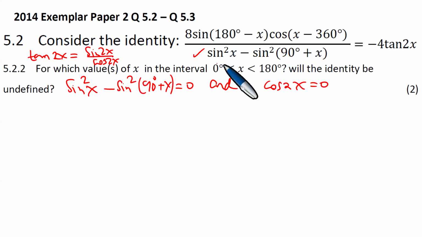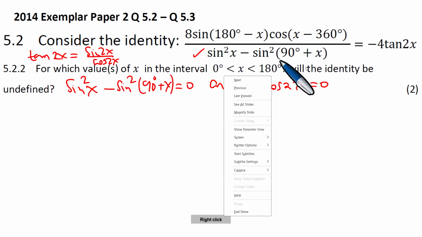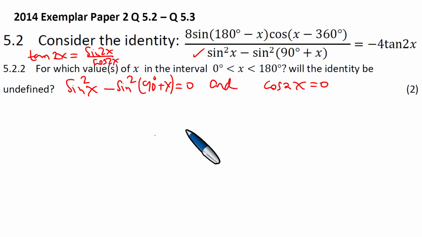So at this point, on both sides of the equation, we look at the left, when the denominator on the left is 0, and the denominator on the right is 0. We can perform some reduction here. So we have sine squared x minus sine squared of 90 plus x. We said it's in the second quadrant, in which the sign is positive according to the CAST diagram.